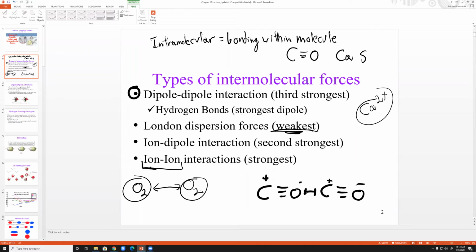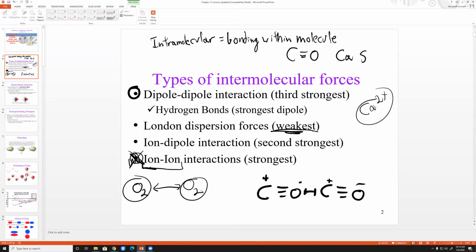You don't really see this in general chemistry, honestly. It's my favorite because when we're dealing with drug discovery, it's the most important one. So if you have an ion-ion interaction, let's say an amino acid residue of your protein that you're trying to bind a drug to has a plus charge, and you have a drug that you made that has a negative charge that binds to it, that's going to be a very favorable, strong interaction.